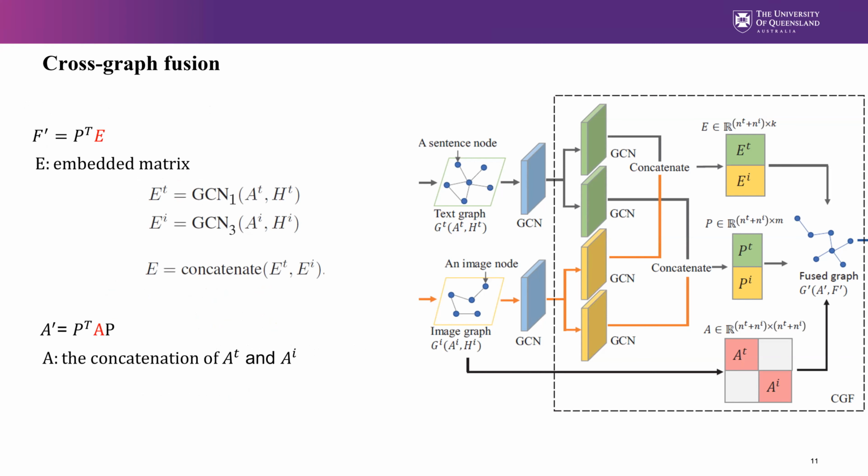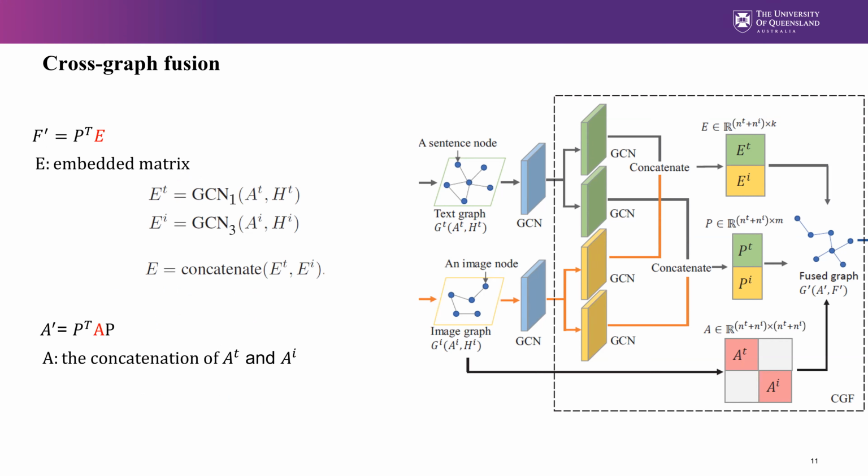In order to learn the feature matrix F prime, besides P, we still need to know E. But what's E? The E matrix is a learned embedding matrix, so it also needs to be learned.